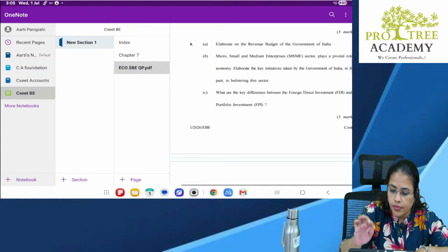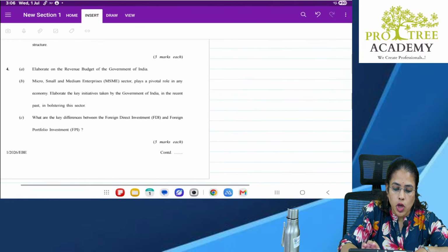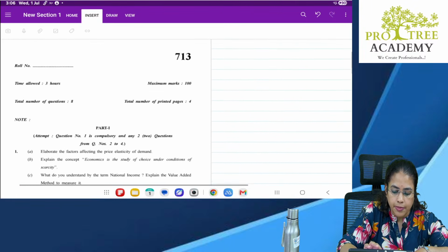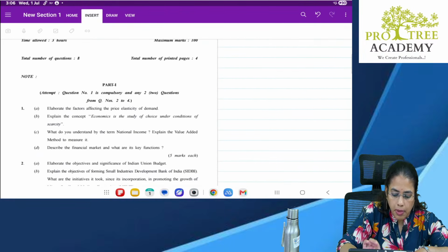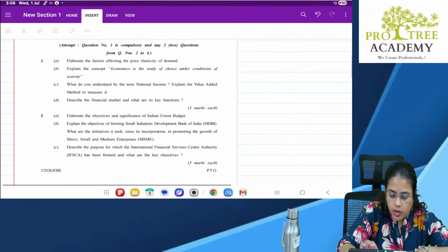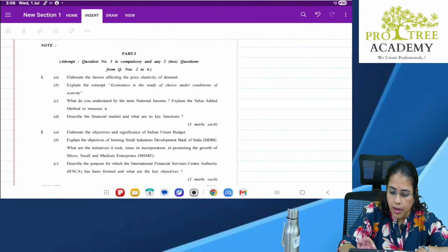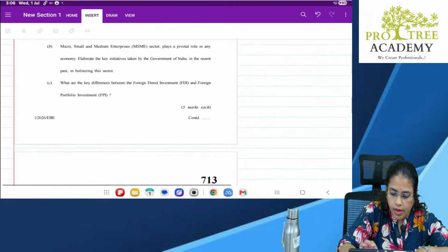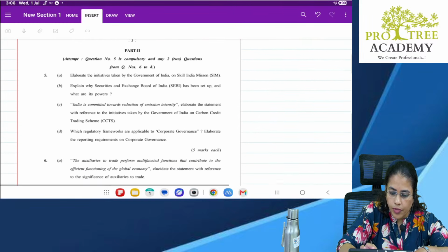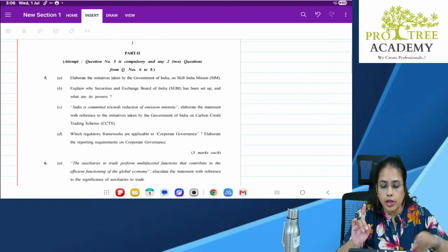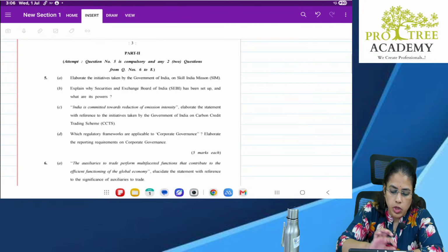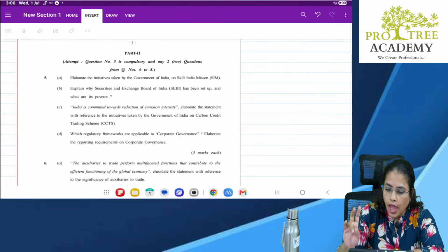Let us see. The first part will be for 50 marks and the second part will be for 50 marks. So we will concentrate on the second part, Part B. How many should you attempt? One compulsory question. Question number 5 is compulsory and you have 2 other options.